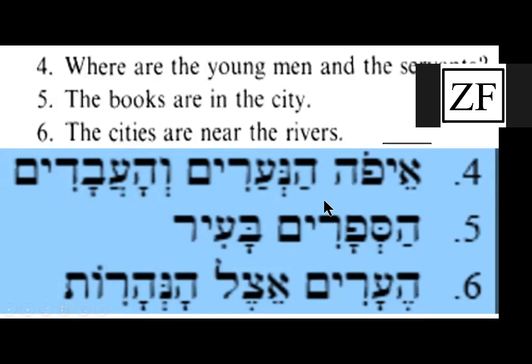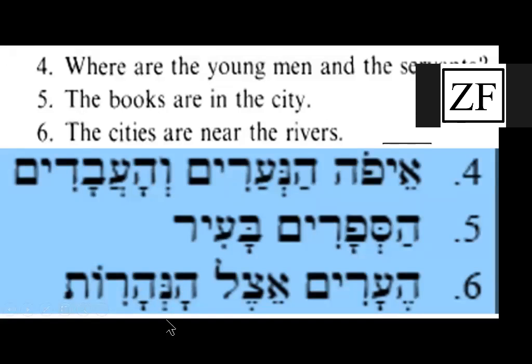So ha-seferim are in the city. So in is going to be ba, this would be the ha, but that's together ba, and city is ir, so ba'ir. Okay, the cities, so ir is city, arim is cities, so ha'arim are going to be the cities. Near, okay, so there's ha'arim. Near is going to be etzel.